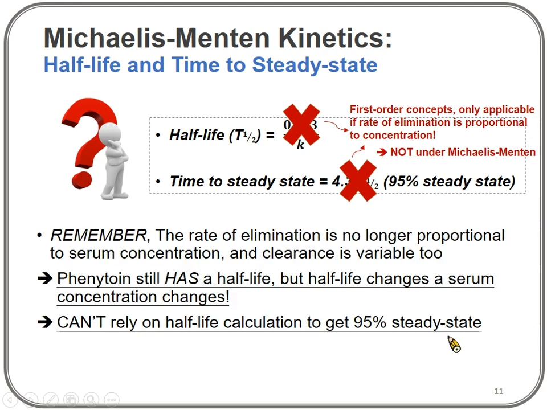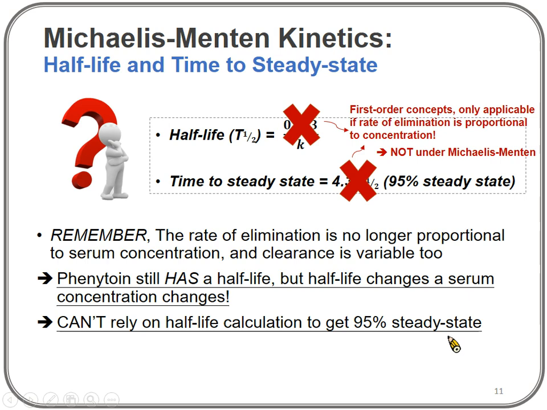Those are the concepts. So remember, the elimination rate is no longer proportional in the nonlinear models, right? And the clearance is variable too. But don't be too disappointed, because phenytoin still has a half-life, it just changes a lot, especially when the serum concentration is changing.